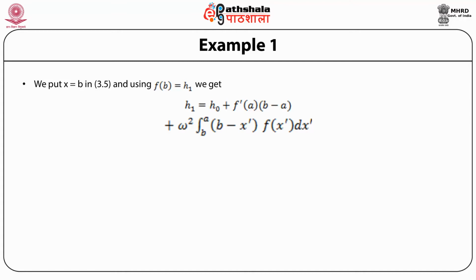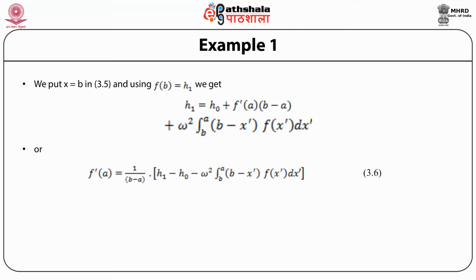We then get h1 is equal to h naught plus f prime of a multiplied by b minus a plus omega square, an integral from b to a over dx prime, the integrand being a product of the function of x prime multiplied by b minus x prime, which means that f prime a is 1 upon b minus a into, within brackets, h1 minus h naught minus omega square integral from b to a over dx prime of b minus x prime fx prime.